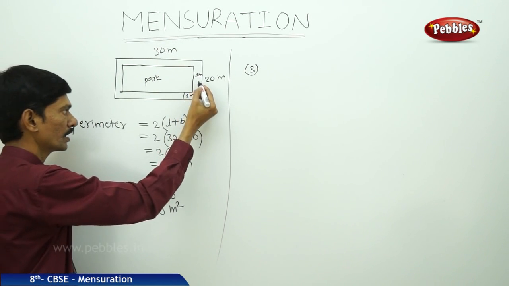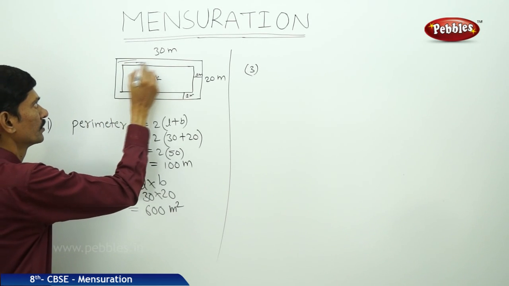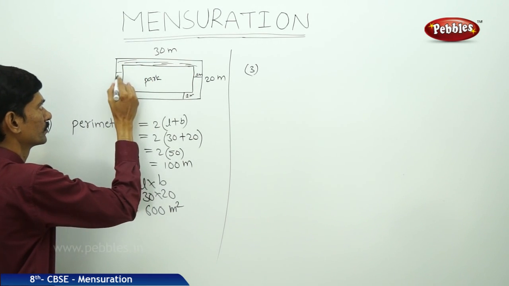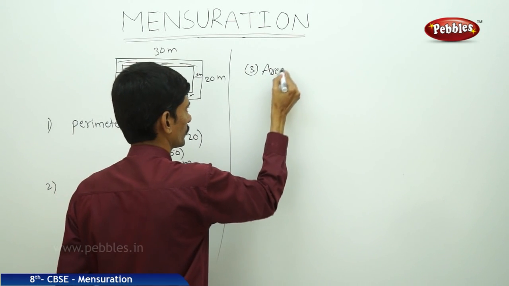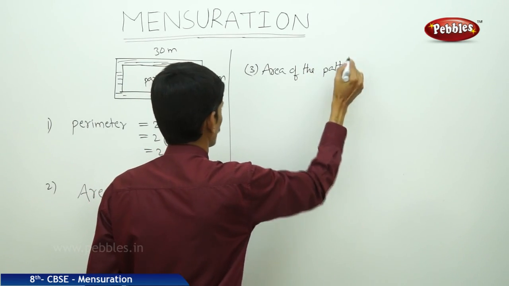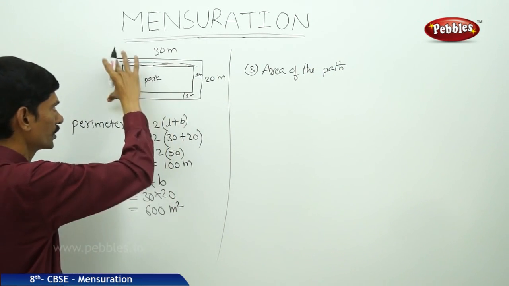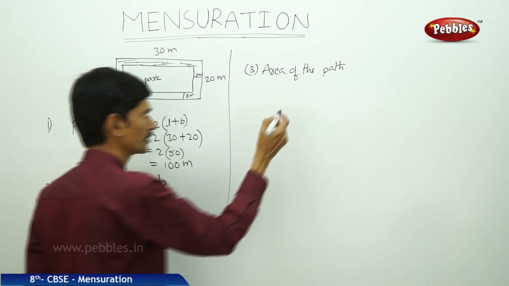Then how to find the area of this path? To find the area of the path, we should find the area of the outer rectangle and the area of the inner rectangle, then subtract.